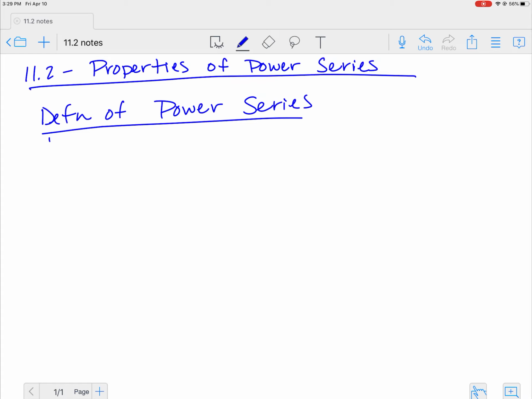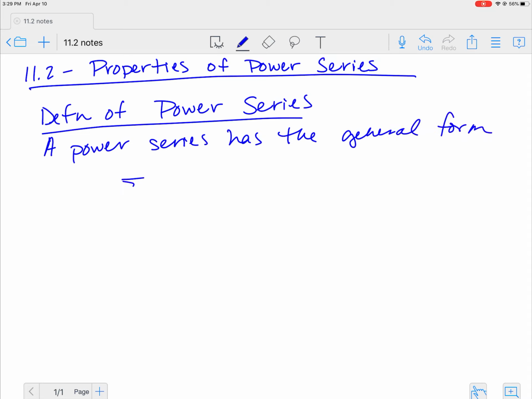All right, so our definition of a power series has this general form: the sum as k goes from 0 to infinity of c sub k times (x minus a) to the k.